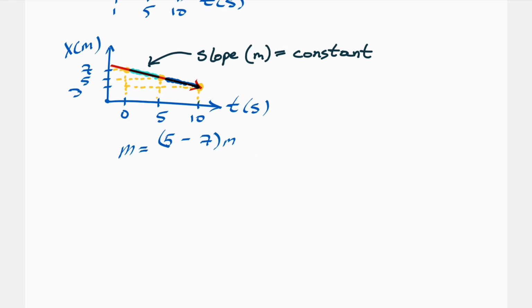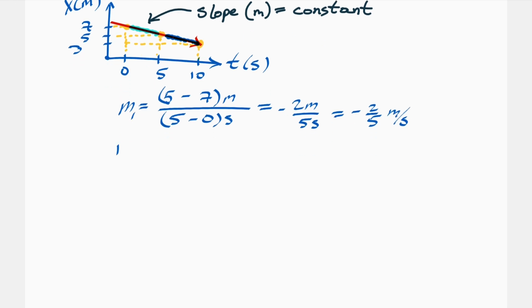And the time was 5 seconds minus 0 seconds. Okay, so that is -2 meters per 5 seconds. Okay, and so that would be -2/5 meters per second. That's our slope. So we'll call that m1.